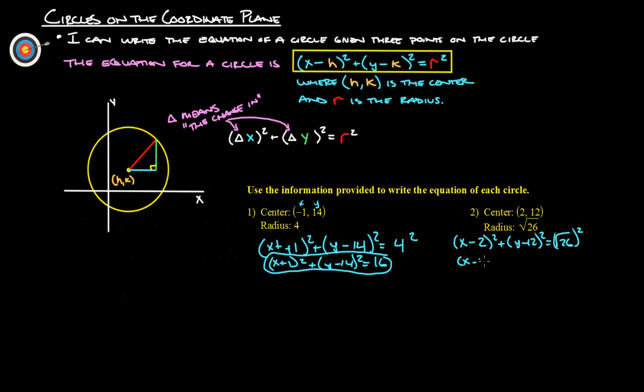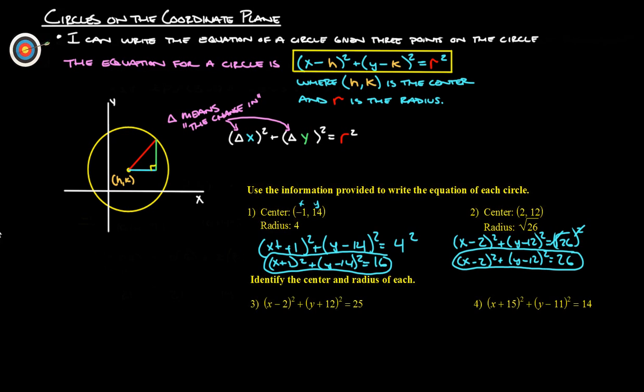None of these are going to change: x minus 2 squared, y minus 12 squared, and the square root of 26 squared is simply going to give us 26, because the square and the root cancel each other out. So there's the equation of this circle.